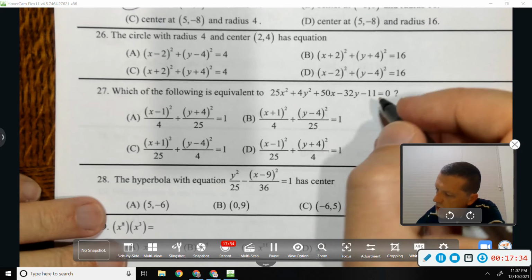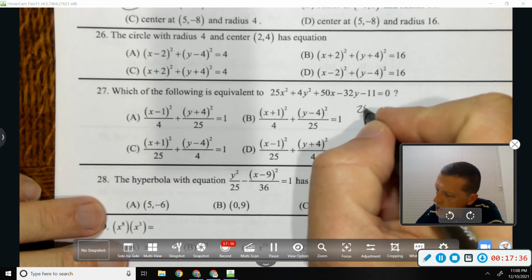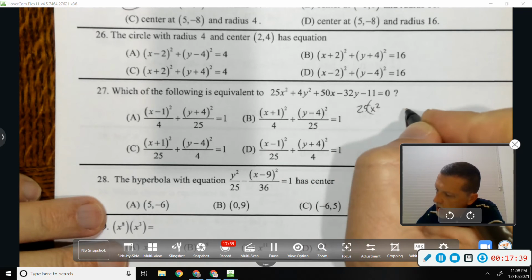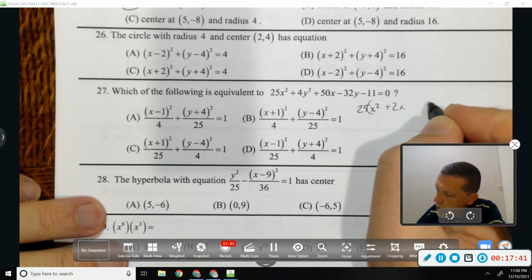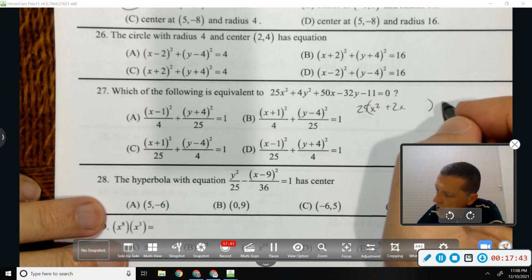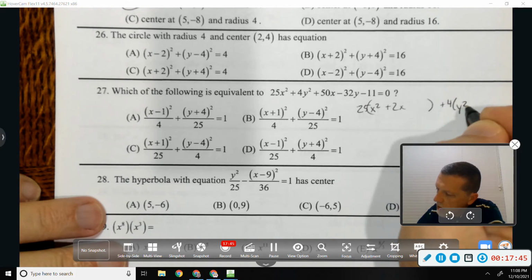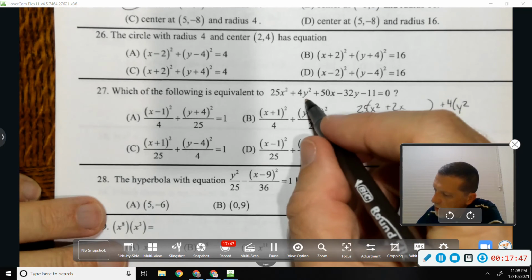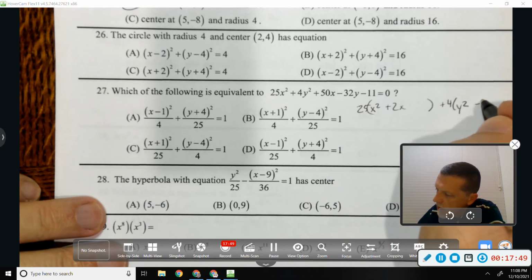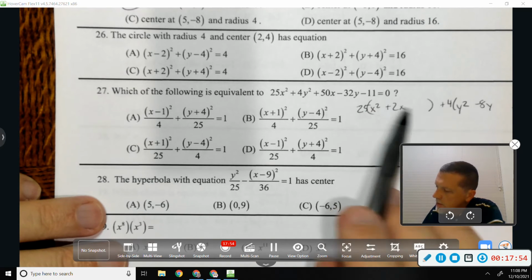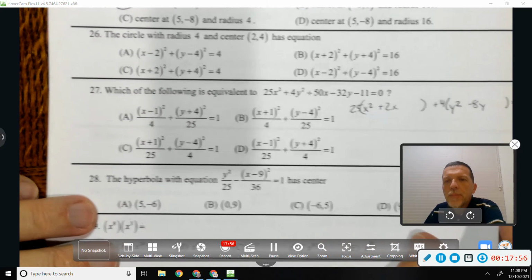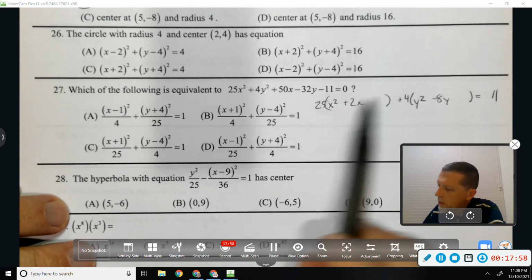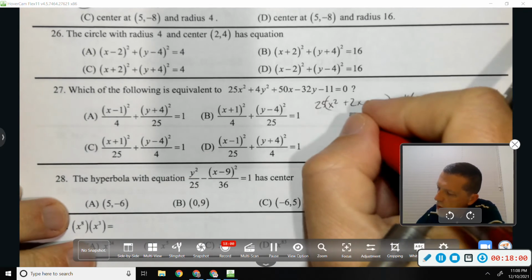27 requires some completing the square stuff. So I'm going to group the x's, group the y's, and factor out the stuff that's in front of the y's and the x's. And then move that 11 out of the way. So rearrange things. Now it's time to complete the square.